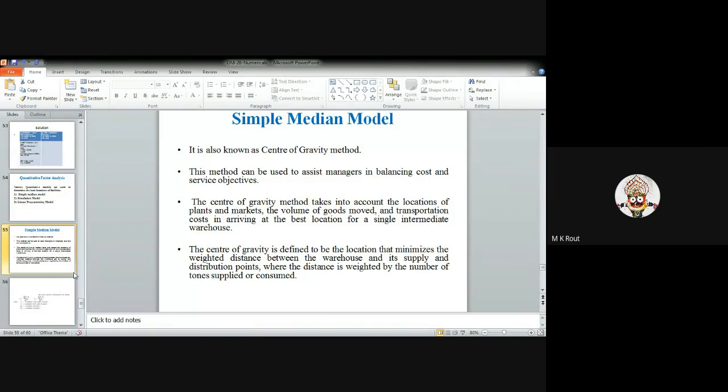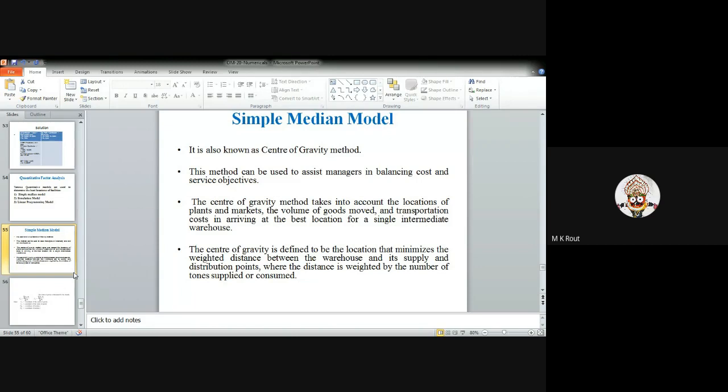Whether it should be Chandrasekharpur, Rasulgarh, or Old Town, in the specific area, with reference to balancing the cost as well as the service objectives to attract more potential customers, they are also implementing this center of gravity method to allocate different outlets in the center of different geographical locations. So this is the typical example.